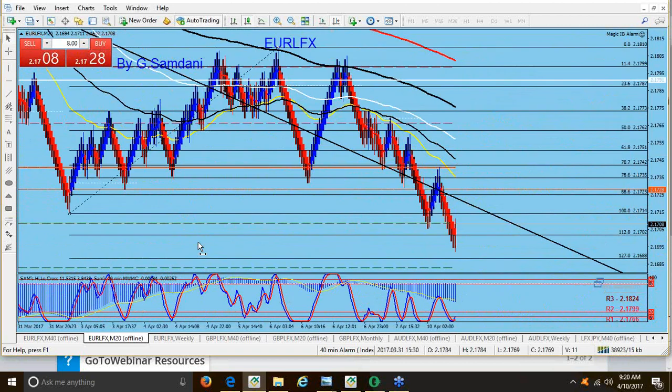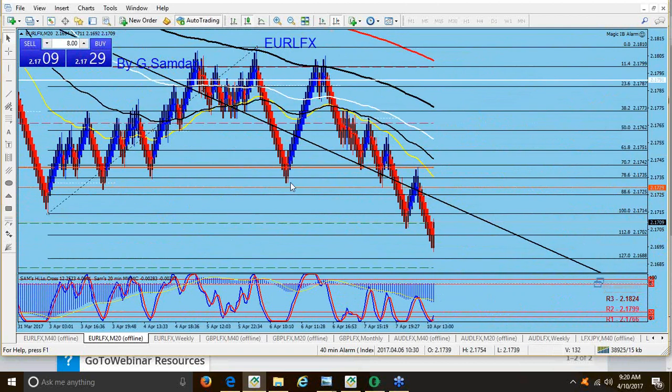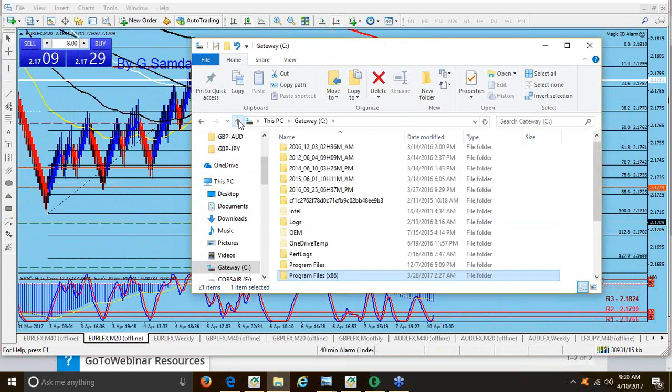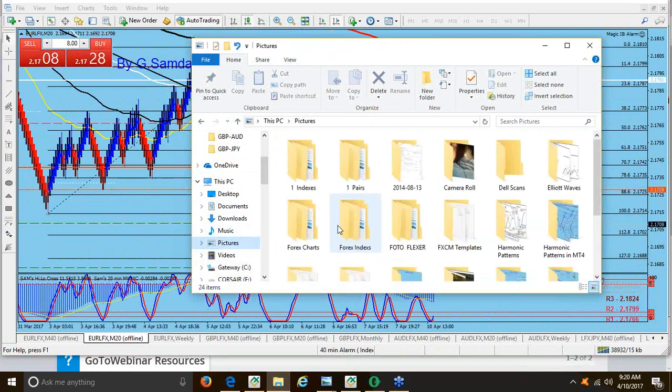Now, if you look at the fib, XAB is exactly 78%, right? So if you look at this harmonic pattern scenario, we all know that... okay, what's happening to my eyes? Can't see it.